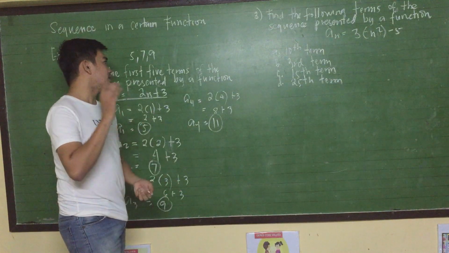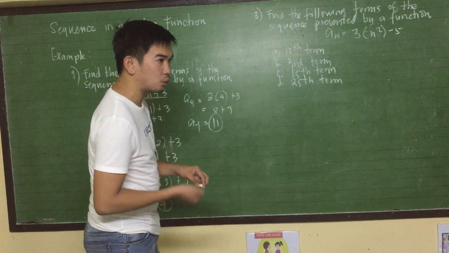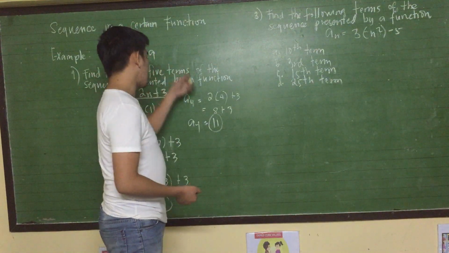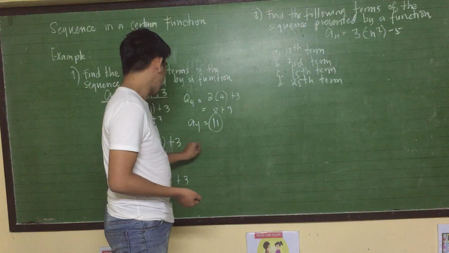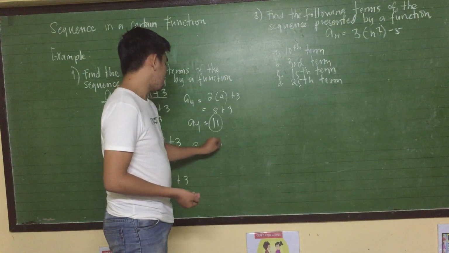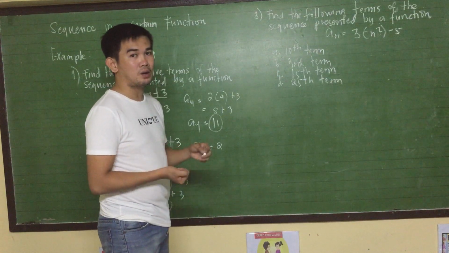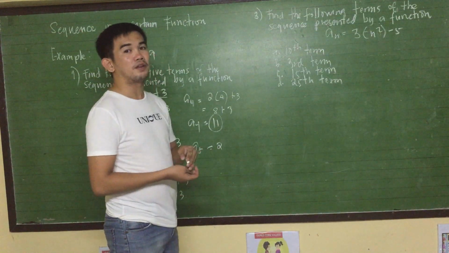Okay, for the fifth term, or the last term that we are looking for, let us now move forward to a sub 5. So a sub 5 is equal to 2, and then the value of n now is 5 because that is the last term that we are looking for.